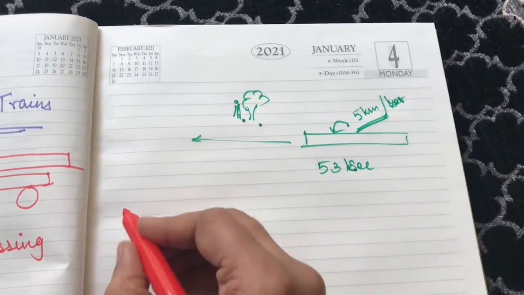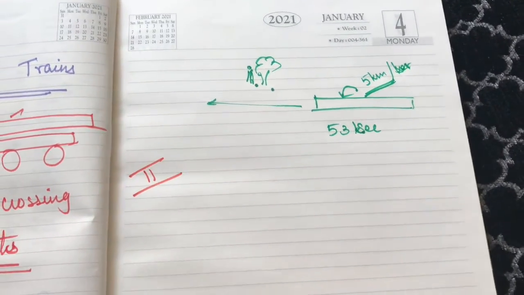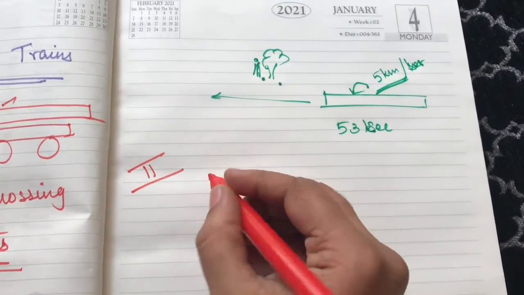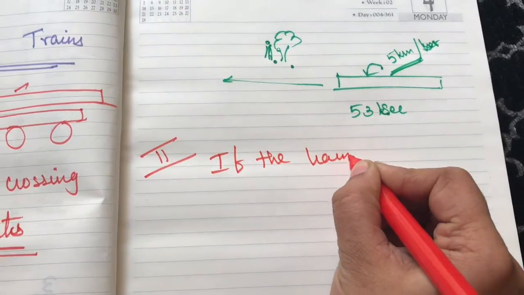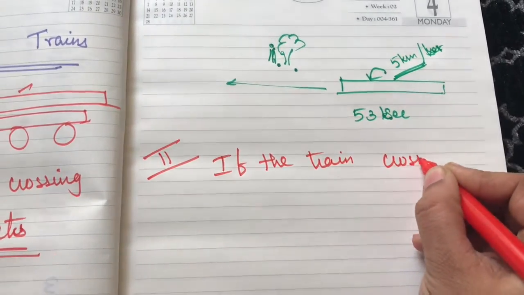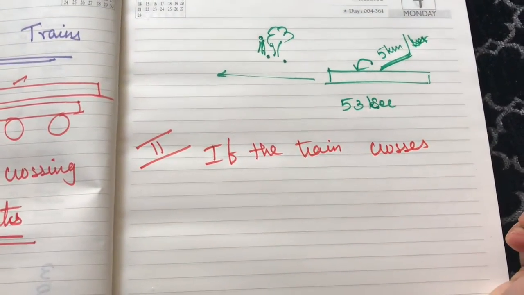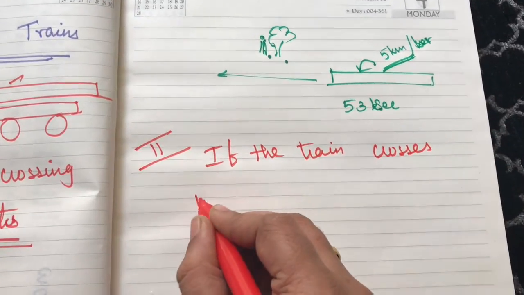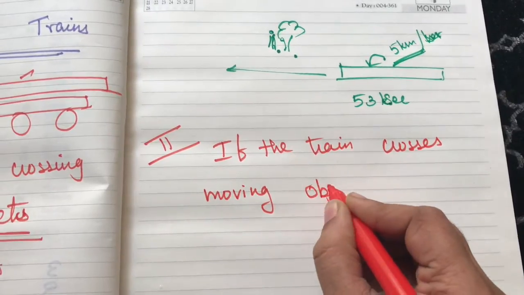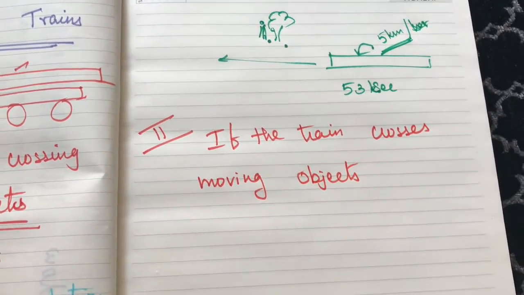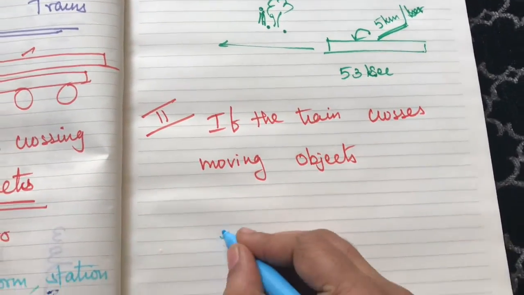And the second condition. What is the second condition? Case 2. If the train crosses moving objects. What may be the examples?